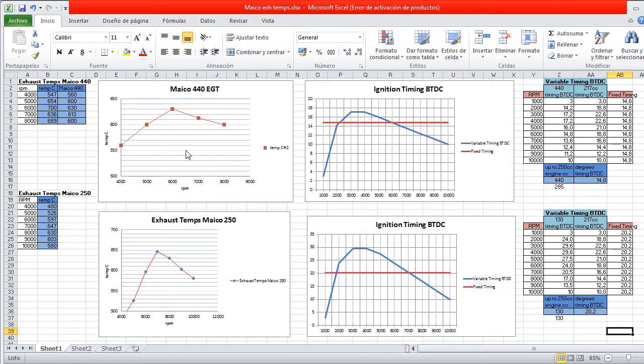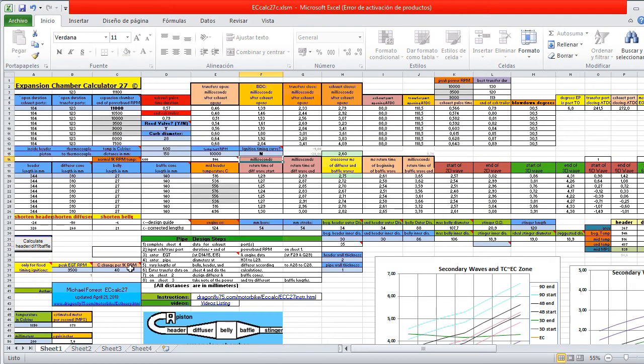So this increase in temperature is about 35 degrees per 1,000 RPM, and the same for its downslope, which is not too abnormal. Most bikes are about 30 degrees per 1,000 RPM. So ECcalc asks you for the change in temperature for every 1,000 RPM, which you put right here.